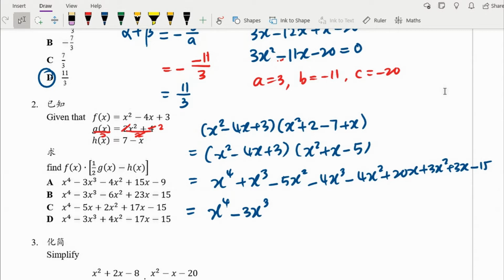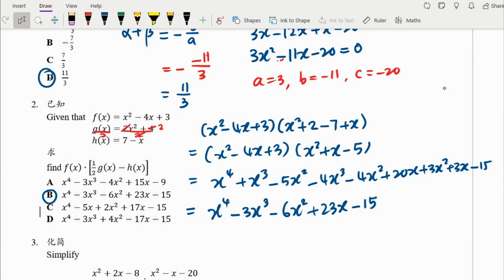Negative 9 plus 3, you get negative 6x squared. Then for the x, you have 20x plus 3x, which is 23x. Then constant, you have negative 15. So the answer is B. Yeah, it's quite straightforward. You just need to be careful when you expand the positive and negative.